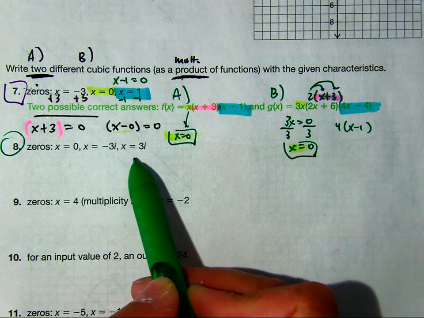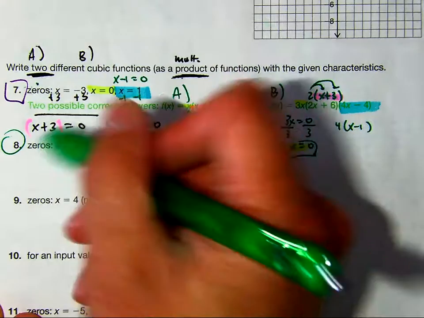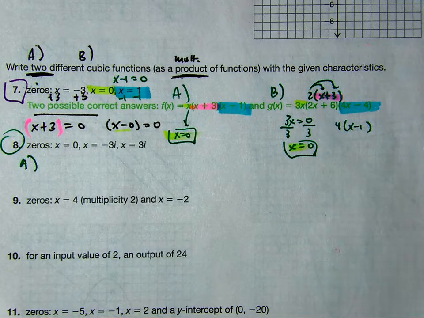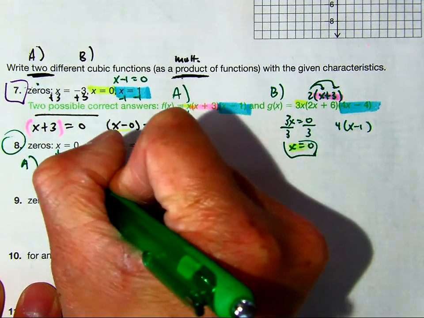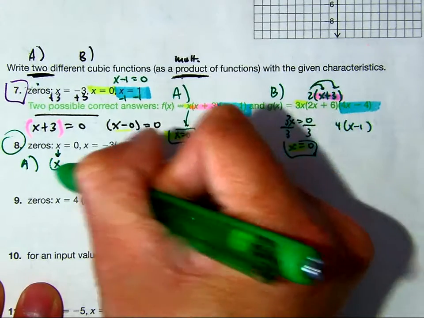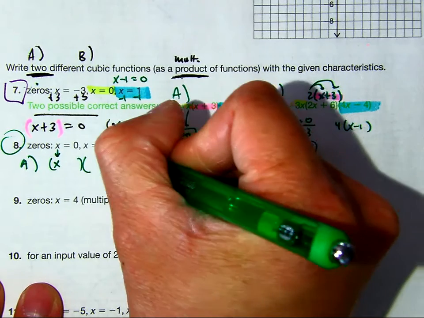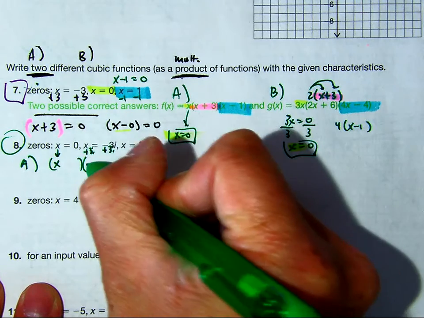My first answer, I'm just going to have x. And over here, to make this set equal to 0, I'm going to add 3i to both sides, and I'm going to get x plus 3i. And the reason, again, is that x plus 3i equals 0.